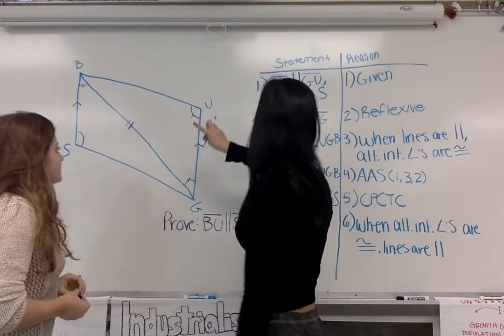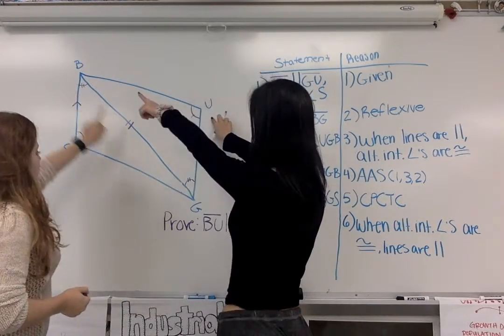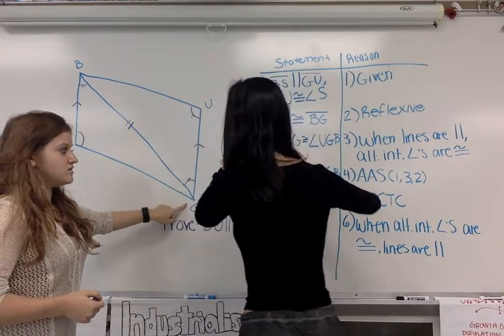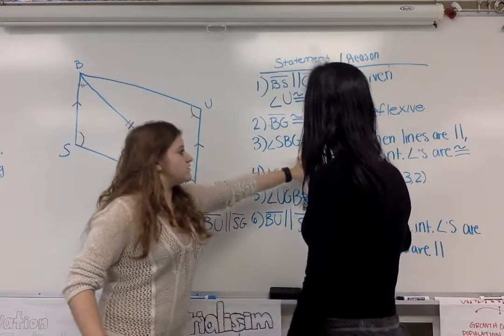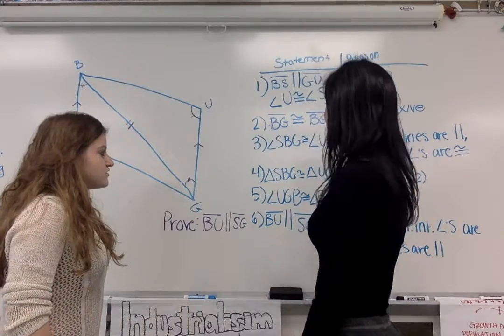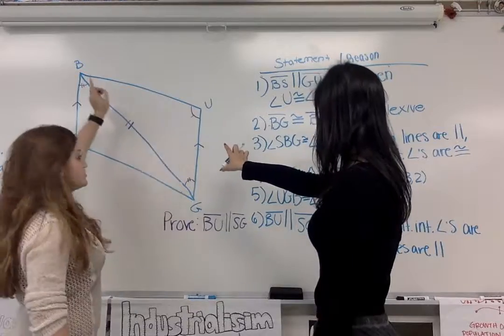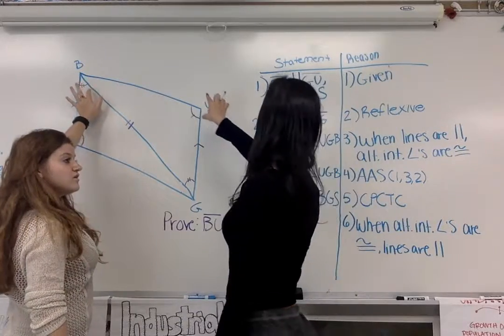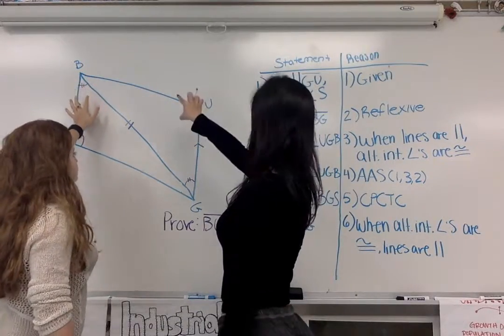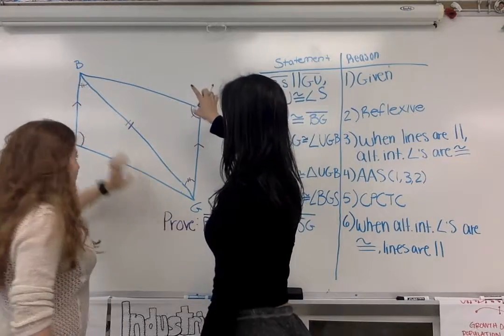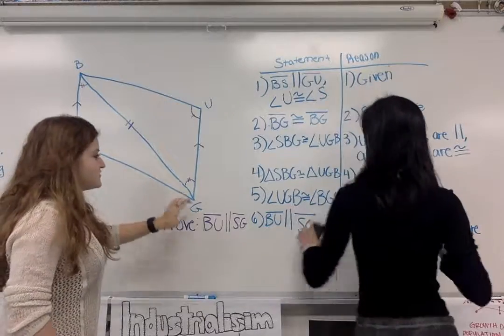So if we have UBG, it's UGB. Well, we did that one already, up here. But then the second one's different. But don't you have to write it in that order? Just choose that angle. G, and UBG. Yes.